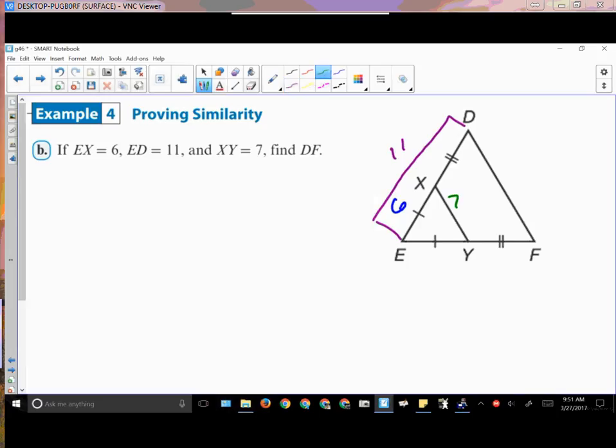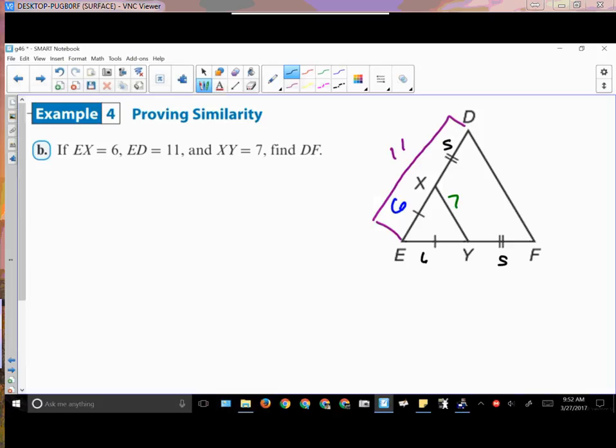I'm supposed to find DF. Do I have enough information to figure this out? I suppose I could add in a little bit more, that if that's 6, this is 6, right? If that adds up to 11, this has to be 5 and this has to be 5. Does that really help me? Which is more information, but not necessarily.